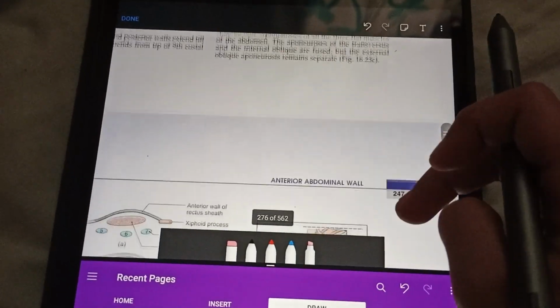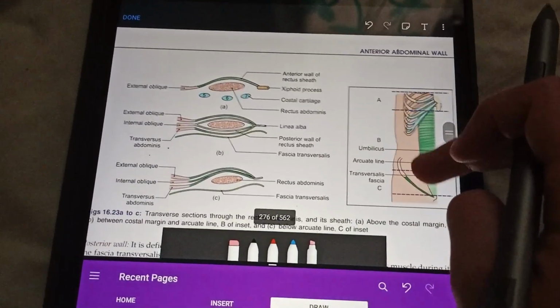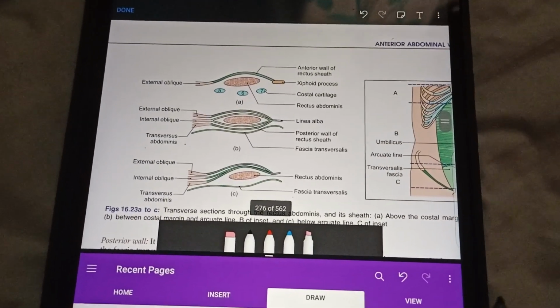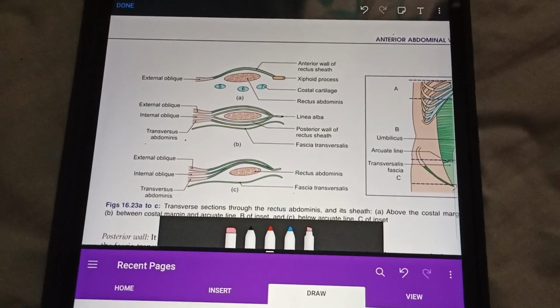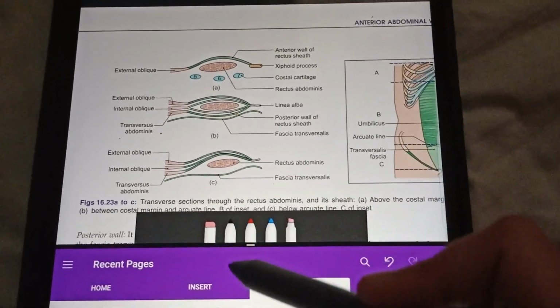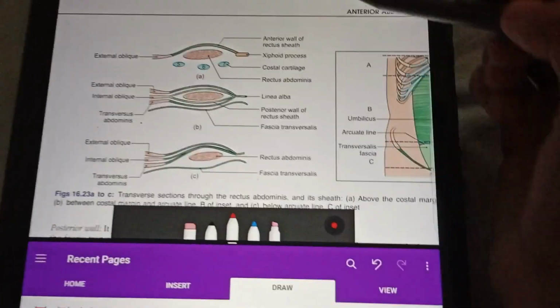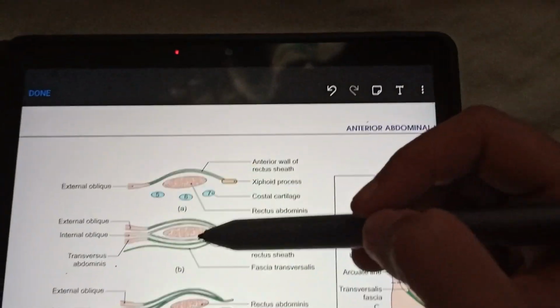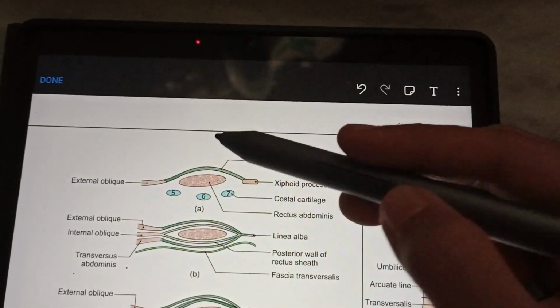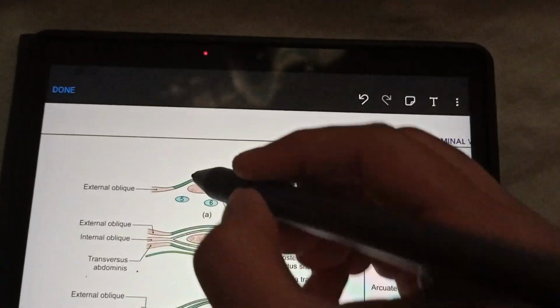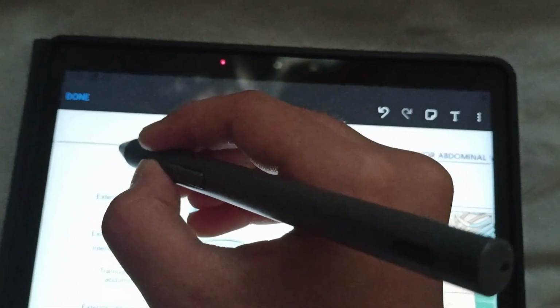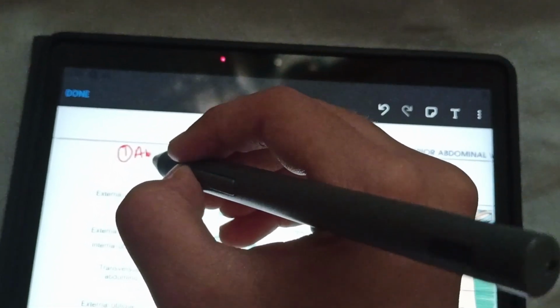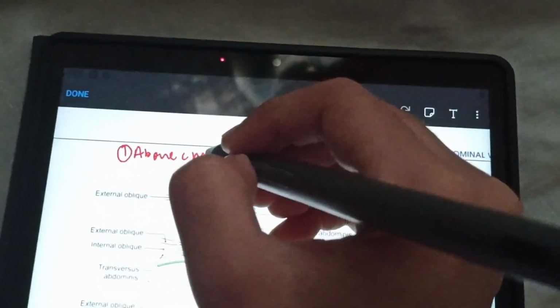Here, this structure is figure A. This is above the costal margin.